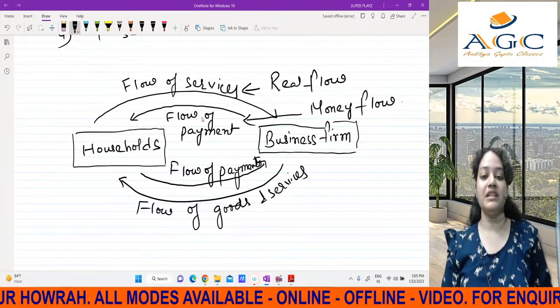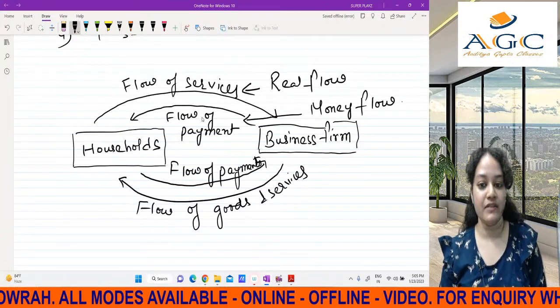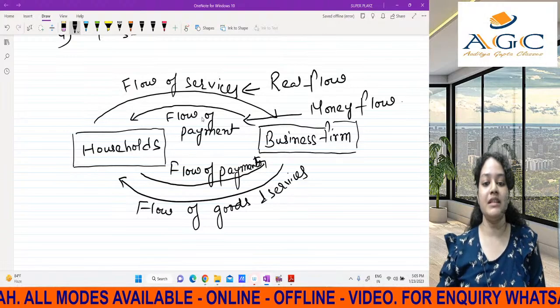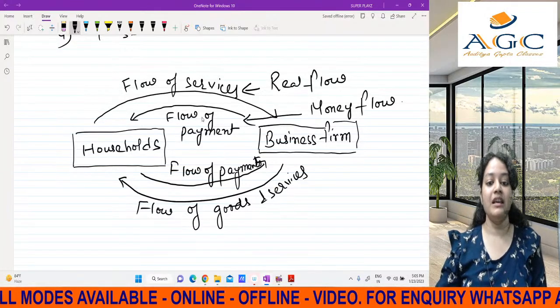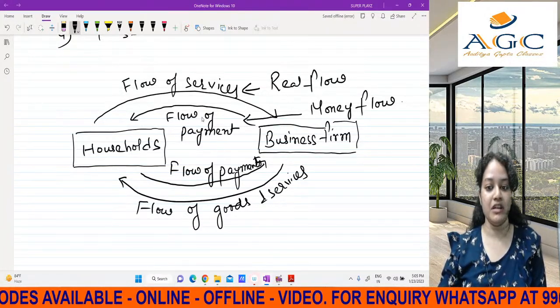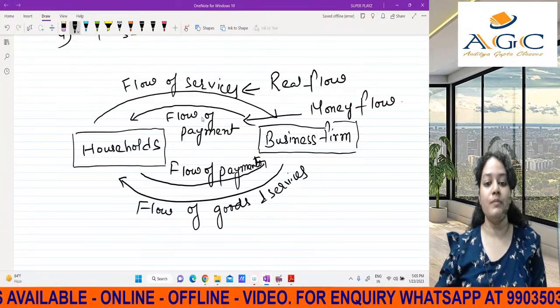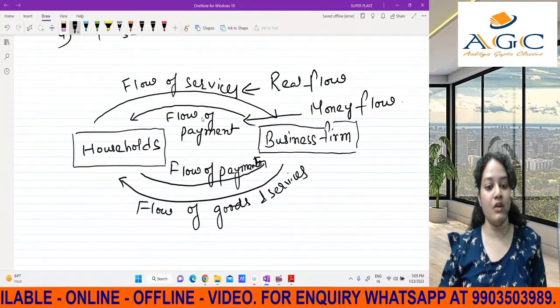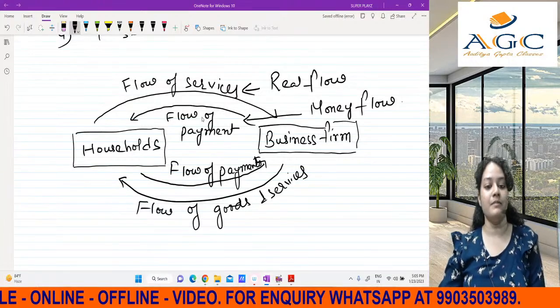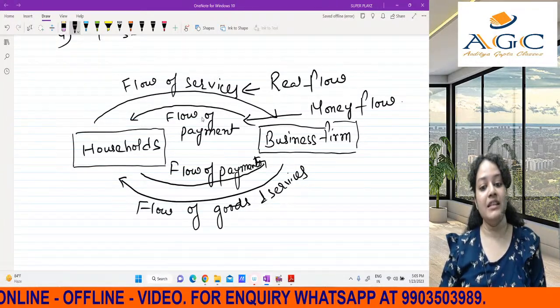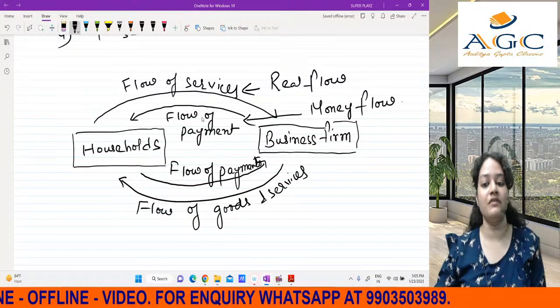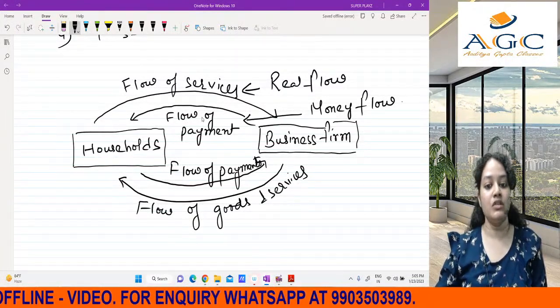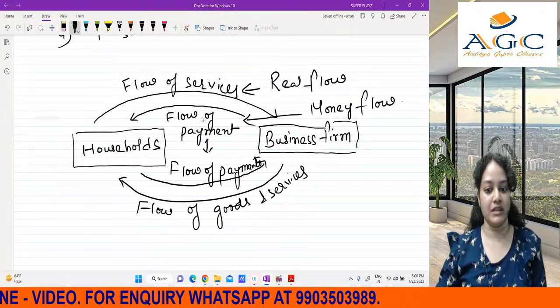Okay, so this is basically our two-sector model without savings and investment. Two things that we have to keep in mind is यहाँ पे equilibrium condition कहाँ पे create होगा. See, flow of payment from the business firms to the households, it is assumed that whatever money the households are receiving, they are using it to buy goods and services from the business firms. So this one will be equal to this.